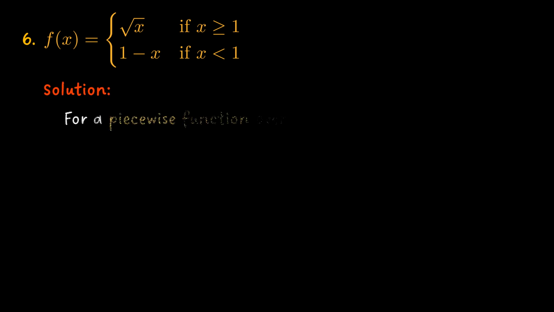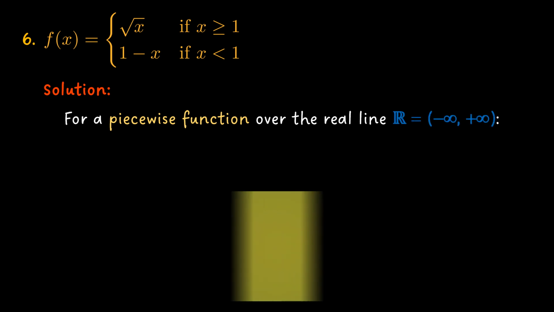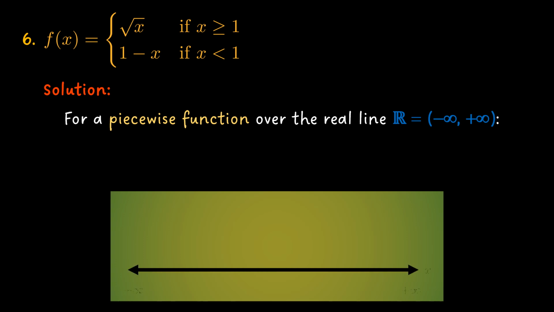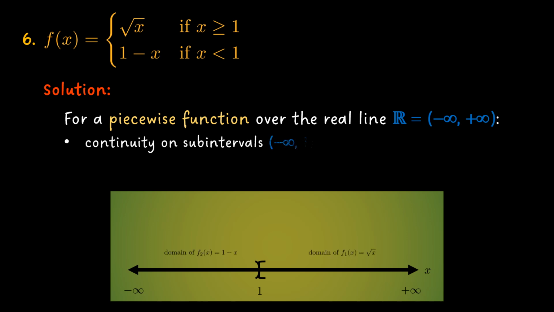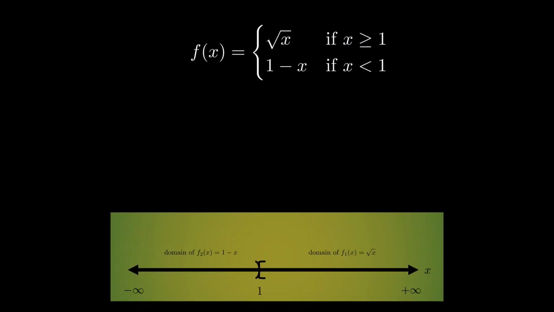For a piecewise function over the real line, negative infinity to positive infinity, check the continuity on subintervals negative infinity to 1, and 1 to positive infinity, and the continuity at the transition point x equals 1. First, continuity on the subintervals.